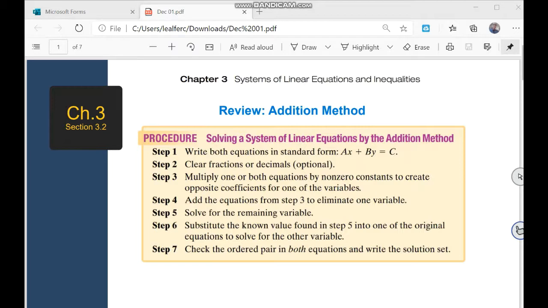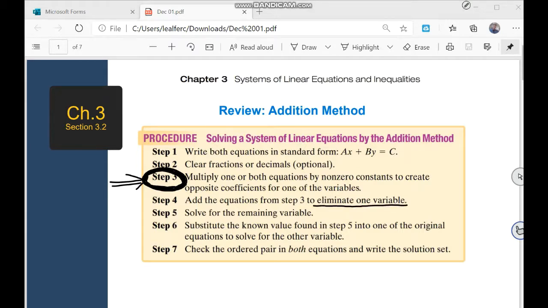For the addition method, in my view, step 1 is okay, step 2 is not so important, but step 3 is the tricky one. This is the one that you have to master. You have to multiply one or both equations by a number, and the objective of multiplying the equation by a number is to be able to eliminate one of the variables.